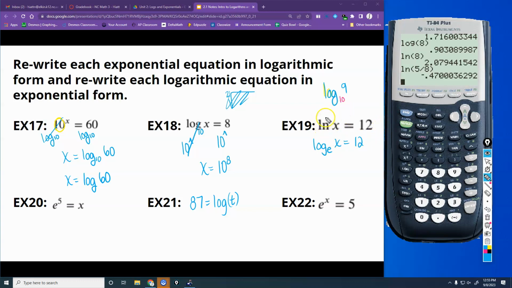We just have to know that if you see ln, it's the same as log base e. You don't necessarily have to write that step, but it might help you so that it works like the other problem. So if my base is e, and I want to get rid of that e, I would do e to the power: x equals e to the 12th power.